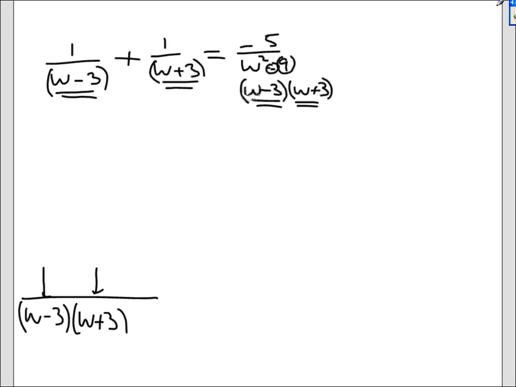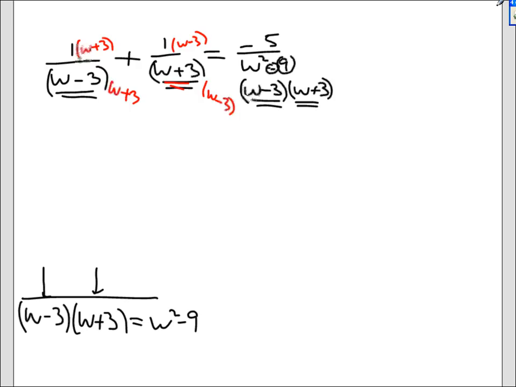That's your LCD, which is the same as this. Alright, so now I need to get all 3 fractions that have the same denominator, namely what's in the bottom. For the first fraction, I multiply top and bottom by w plus 3. The second fraction, I have the w plus 3, I need the w minus 3.